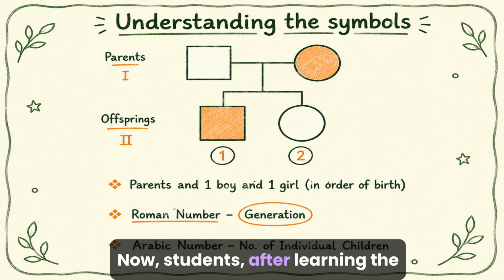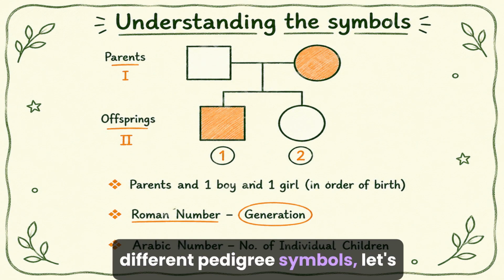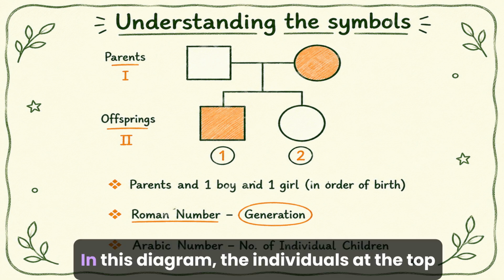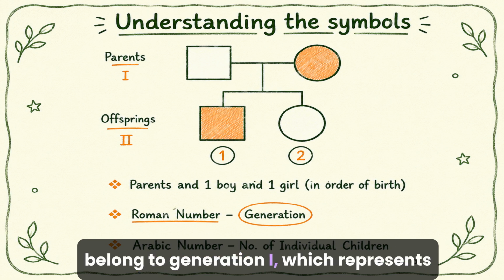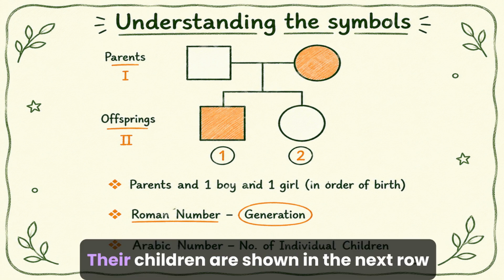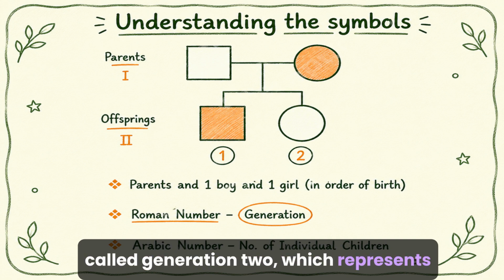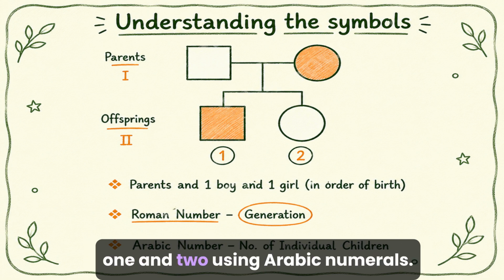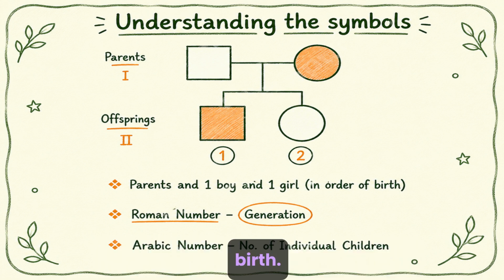Now, students, after learning the different pedigree symbols, let's understand how to read a pedigree chart correctly. In this diagram, the individuals at the top belong to Generation I, which represents the parents. Their children are shown in the next row, called Generation II, which represents the offspring. Notice that the children are numbered 1 and 2 using Arabic numerals. These numbers indicate the order of birth.